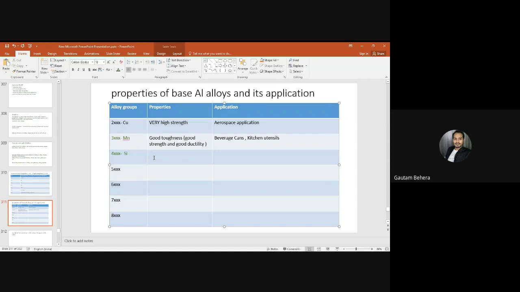The most important property is high castability, or high flowability.